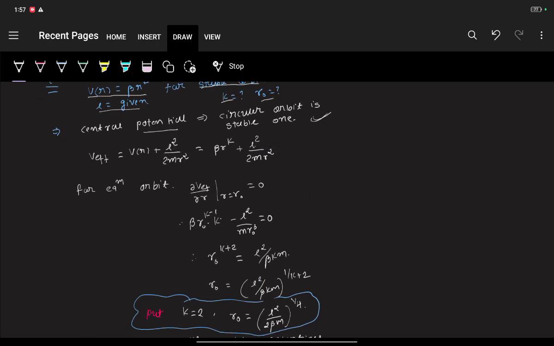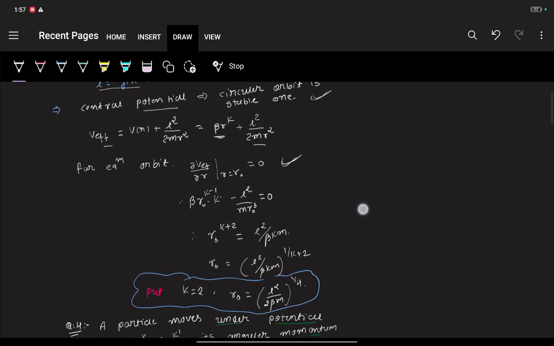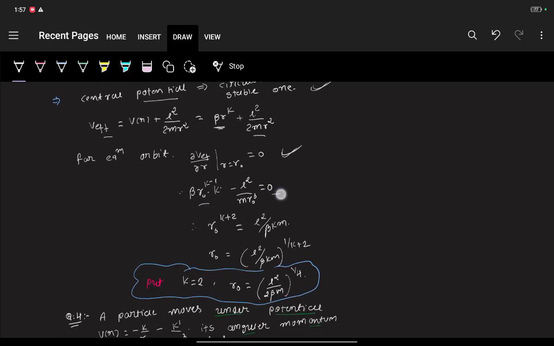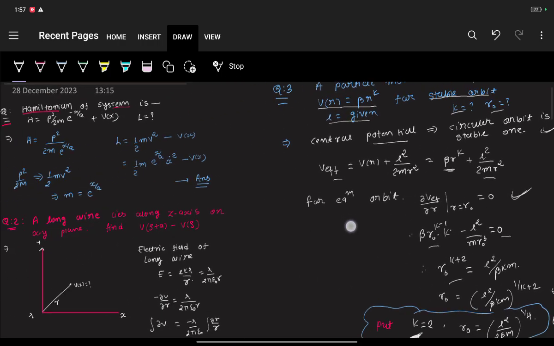So effectively, we can write it as βr^k. This again we need to differentiate and equate to 0, and from here we'll get this expression, okay. In the options there were k = 3, k = 4 I think, and k = 2, but only k = 2 can satisfy this equation. So the answer will be k = 2.